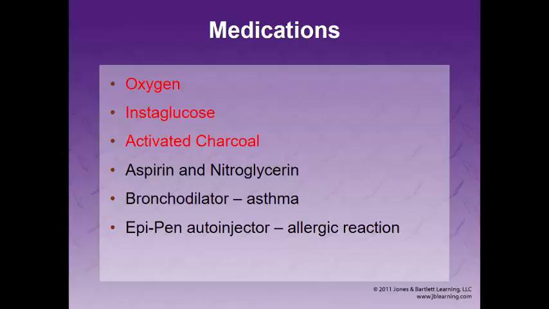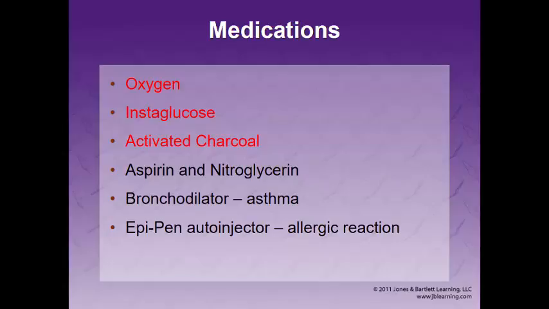And those are going to be oxygen, instant glucose, which we kind of talked about in medical emergencies, for somebody that's awake, and we rub that on the inside of their cheek. Activated charcoal, which we'll talk about today, for poisons that somebody could have. And then the other ones are maybe medications that the patient has on their own.